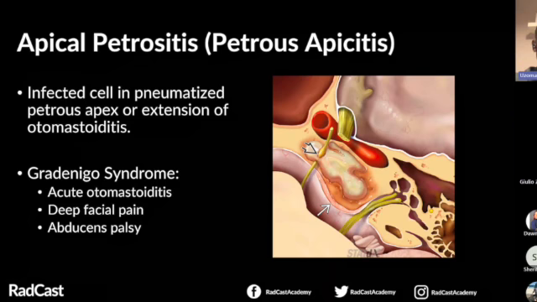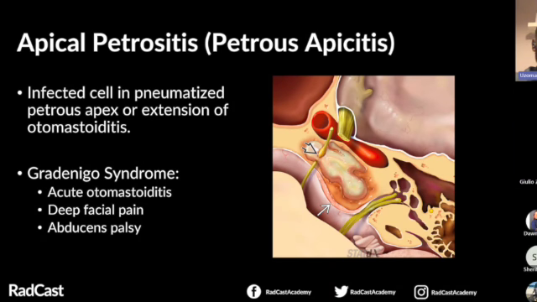Another similar condition is apical petrositis. This results from infection in a pneumatized petrous apex, or can be deep extension of otomastoiditis.